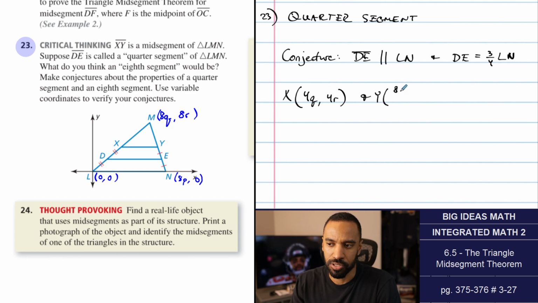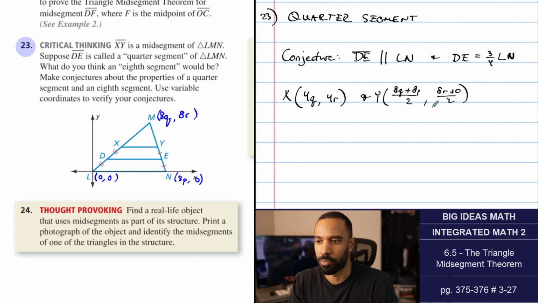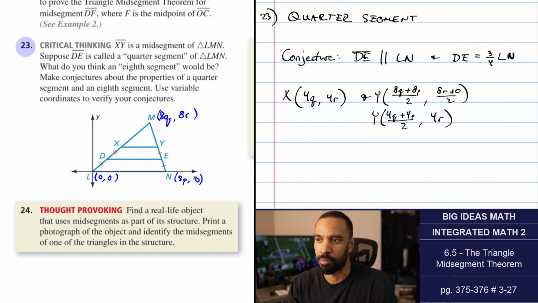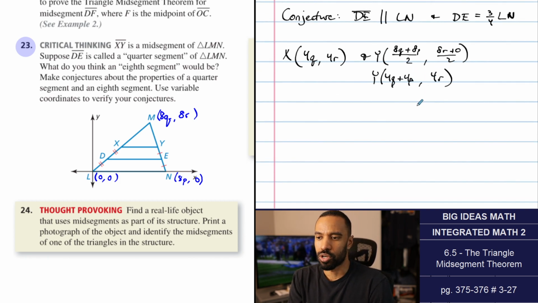Let me actually show the math for this. 8Q plus 8P divided by 2, averaging those, and 8R plus 0 divided by 2. Obviously something I don't need to put, but I will. Now you get to divide those by 2, so 4Q plus 4P, and then this is 4R. Excuse me, not divided by 2. Now that you divided it by 2, it's just that. So 4Q plus 4P and 4R. So those are those guys.